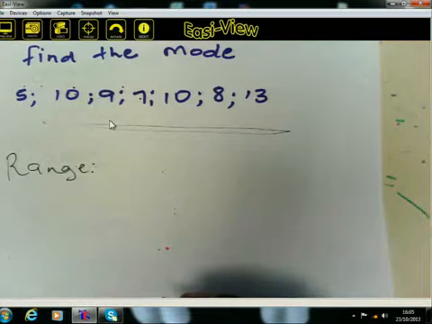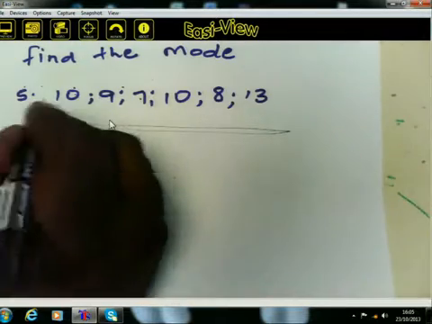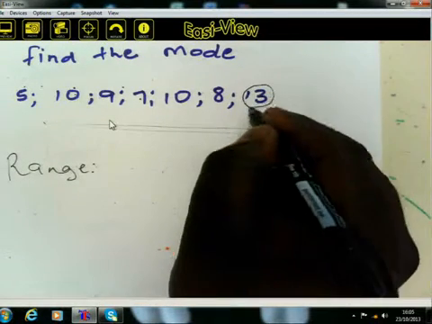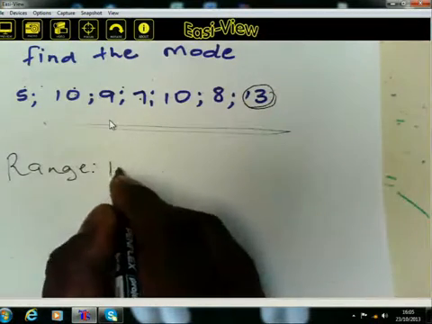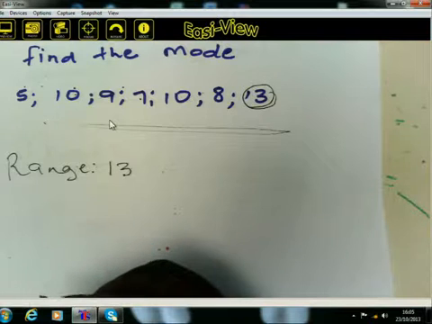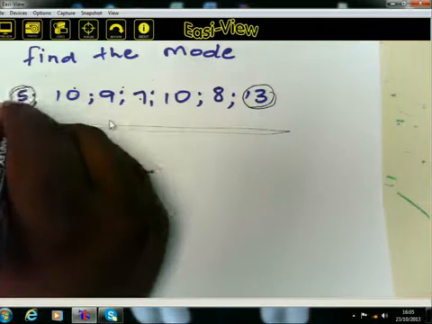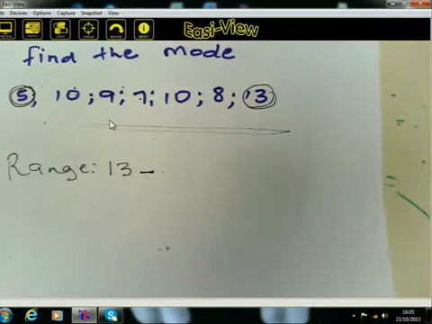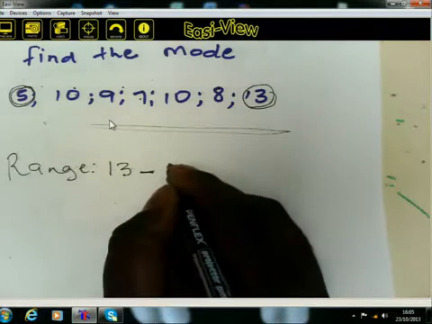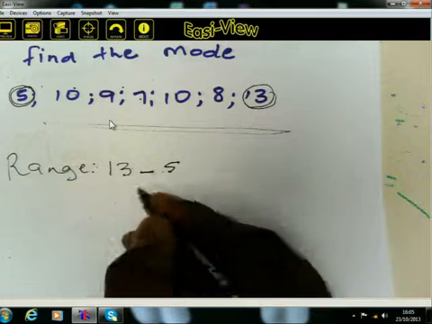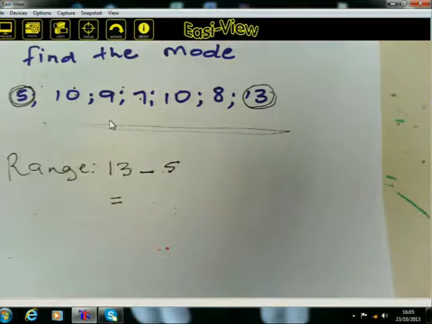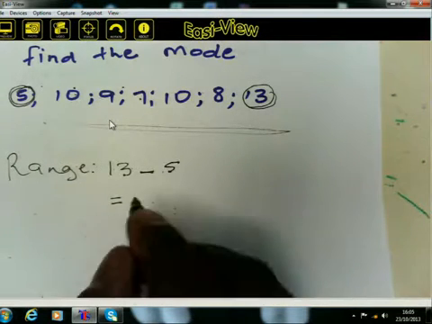The higher score is 13, minus the lower score, which is 5. That means it will be 13 minus 5. What is 13 minus 5? That's 8.